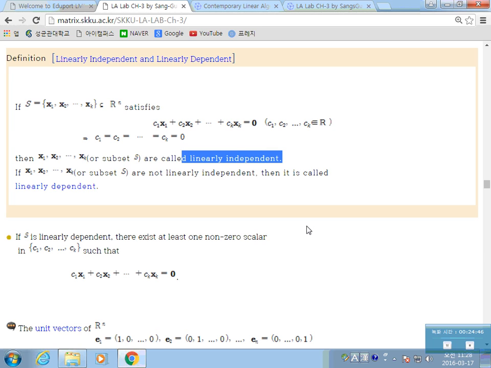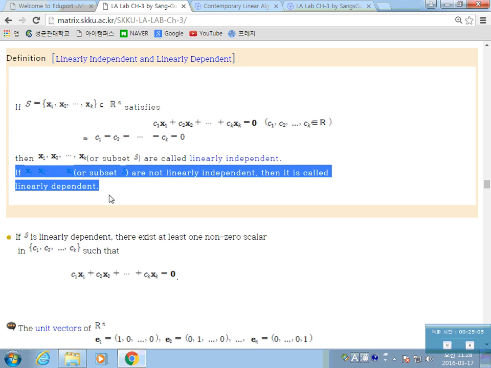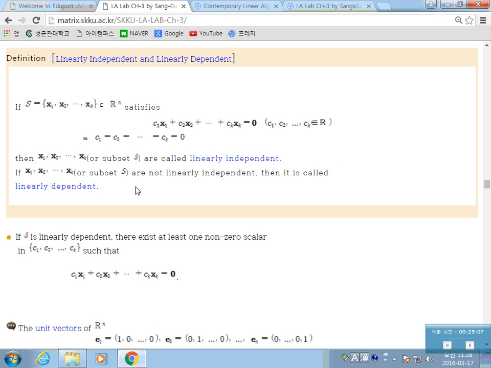If you have only the unique solution, which is that all ci's are zero, then we say these vectors are linearly independent. If not, if it has no solution, or if it has infinitely many solutions, then we say it's not linearly independent. In that case, we call it linearly dependent.